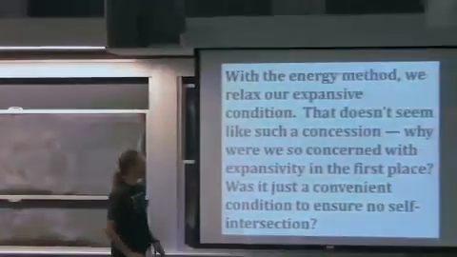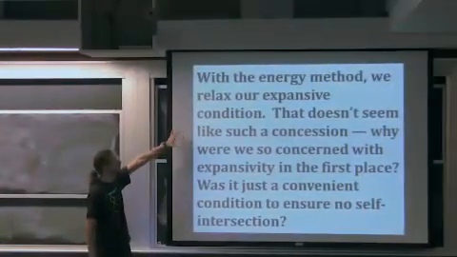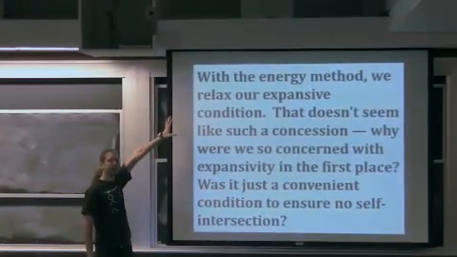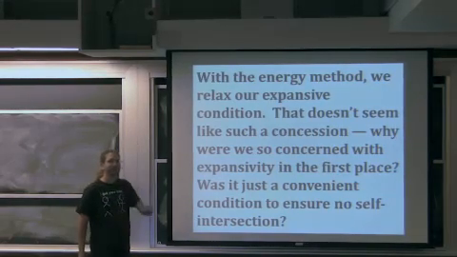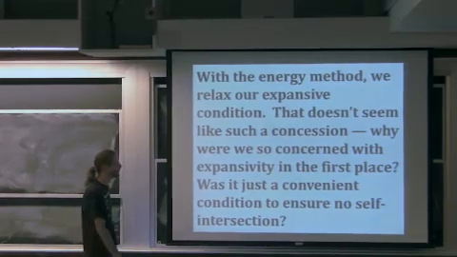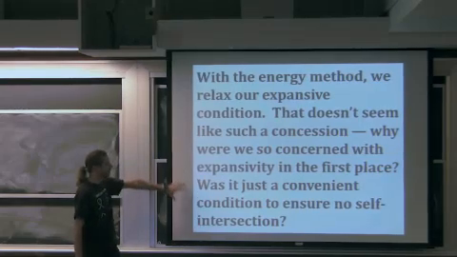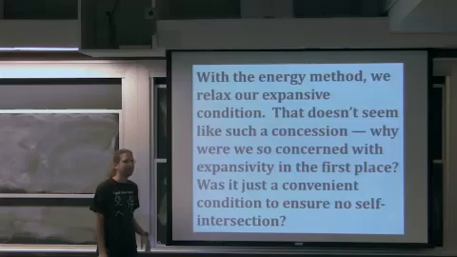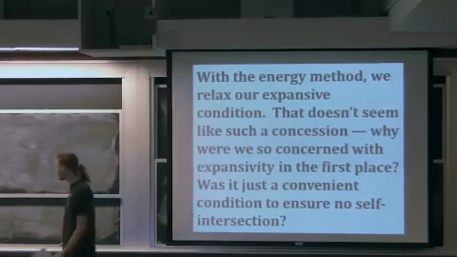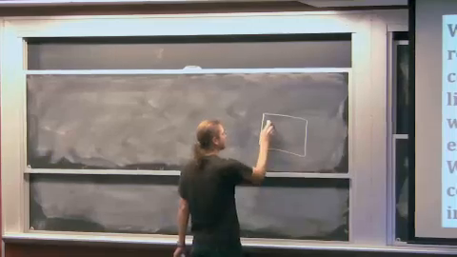First question for today is, why do we care so much about expansiveness? And this is mostly I want to reference next lecture, which will use expansiveness. But indeed, the original point of expansiveness was just a convenient way to ensure no self-intersection. Essentially, before the idea of expansiveness, we had this idea of a really complicated chain.